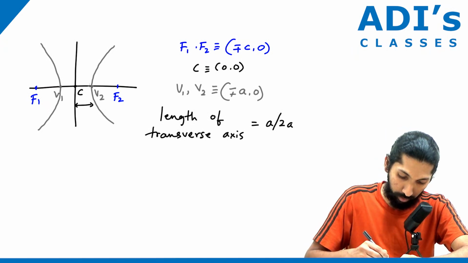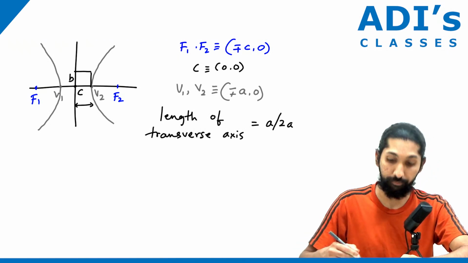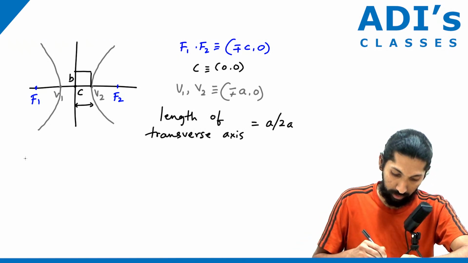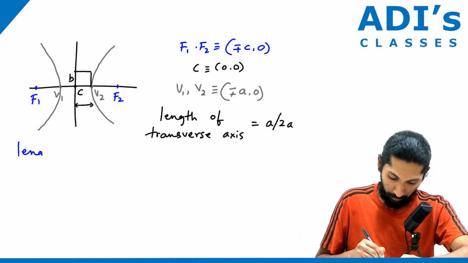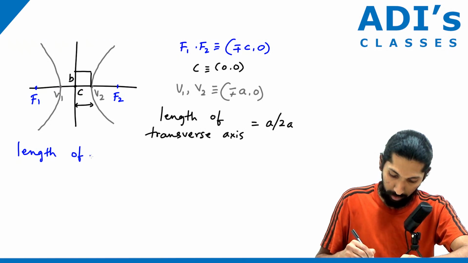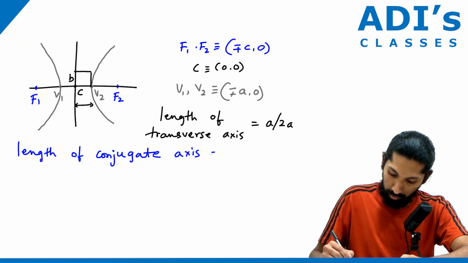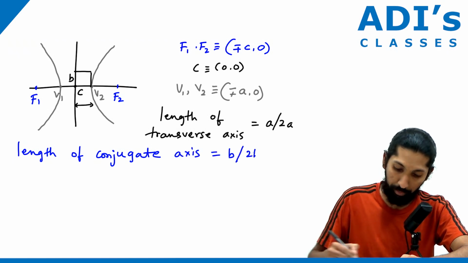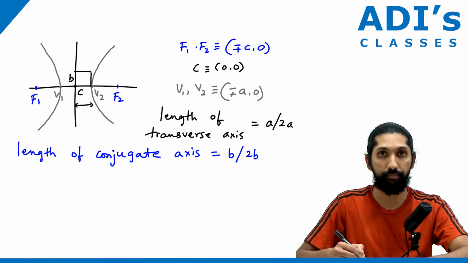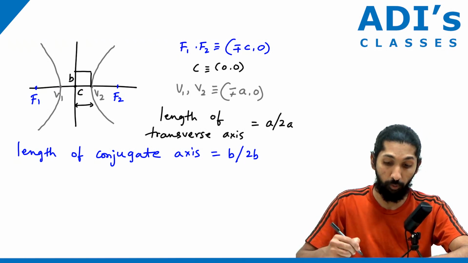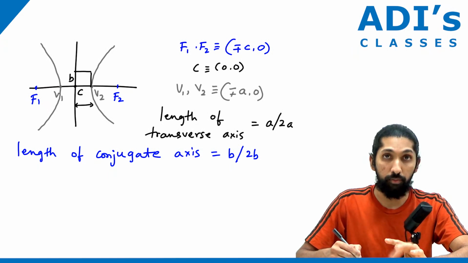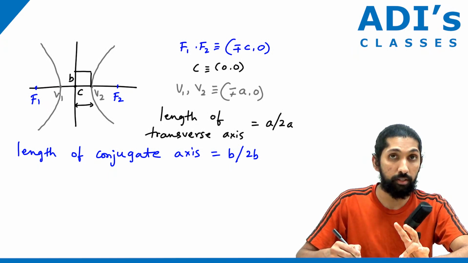From here we are going to take the perpendicular, so this is going to be b. So the length of the conjugate axis is given by b or 2b, depending on how we look at it. Fair enough. So we have the foci, the center, the vertices, and then we have the directrix.